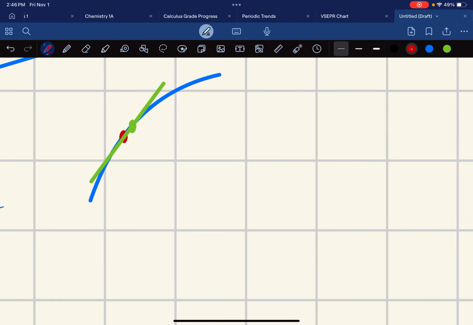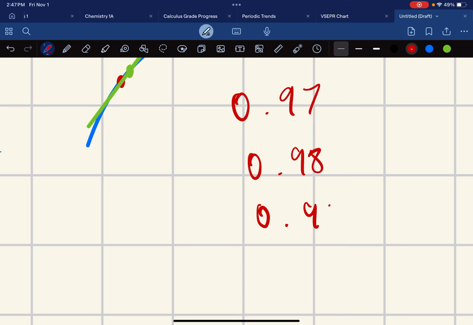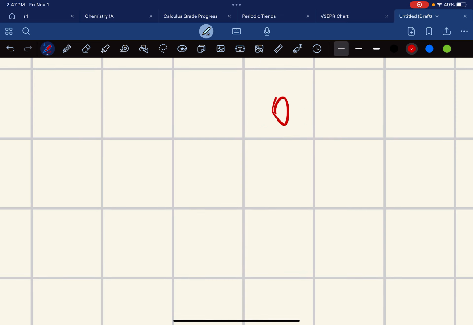So, for example, you do y2 minus y1 over x2 minus x1 on a point you picked, and let's say arbitrarily you just get a number like 0.97. You put these points closer and your answer is going to be something like 0.98. Put it even closer and it's going to be 0.99. Even closer, it's going to be 0.999, and so forth.